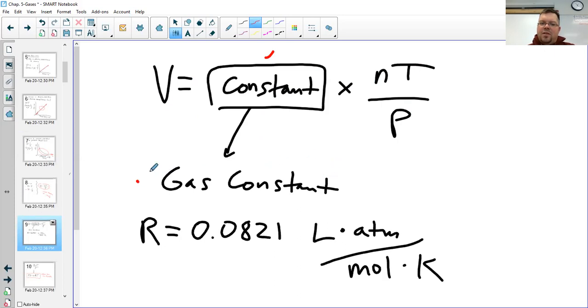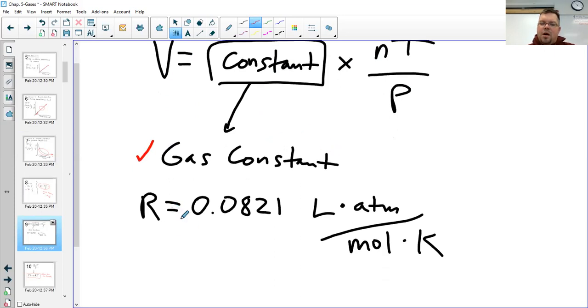The gas constant is the R value. We use R to represent the gas constant. It's 0.0821 liters times atmospheres over moles times Kelvin. You'll notice the units on the constant include all four units, all four ways that we're describing gases.